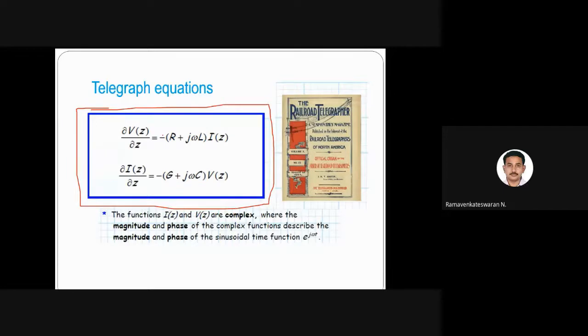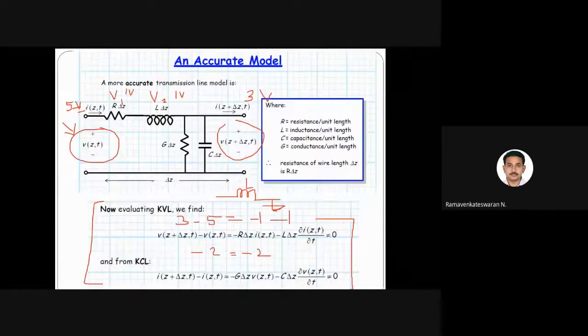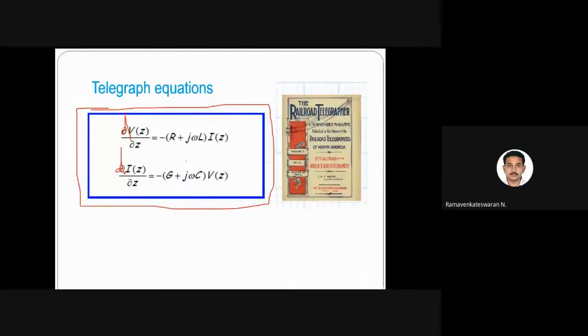There is a slight difference: it is not dou, it is d. However, dou and d, if you are able to get it with the previous two equations, it's very good. So with that, I'll stop, and just note down these two equations.